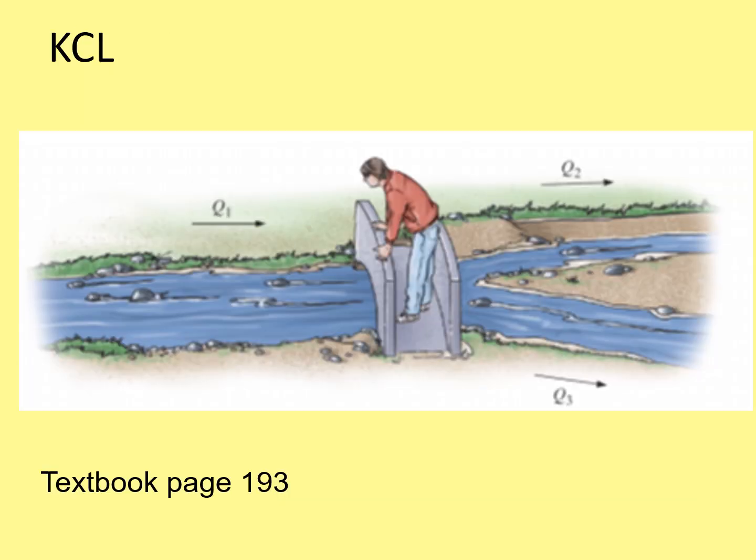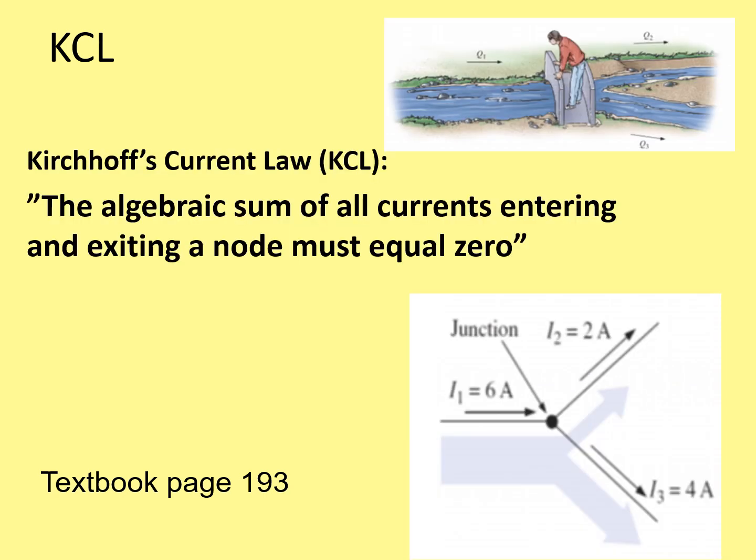So KCL, here's the new concept. Kirchhoff's current law. That means that Q2 plus Q3 will add up to equal what went into that parallel junction, which was Q1. The algebraic sum of all currents entering and exiting the node must equal 0.